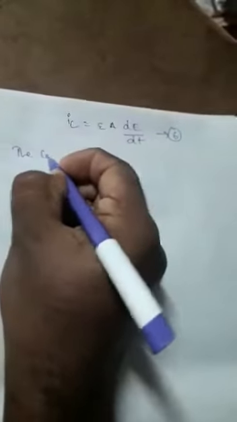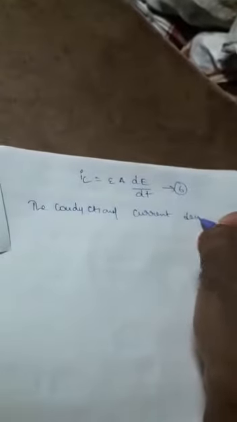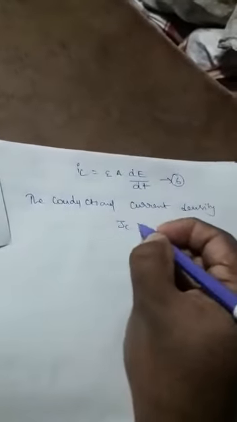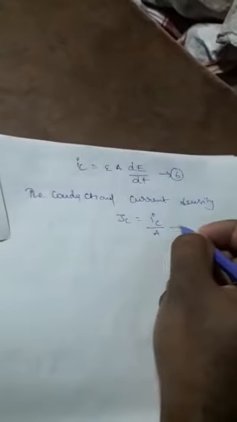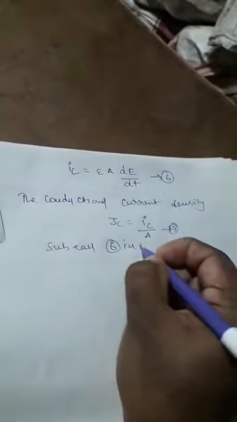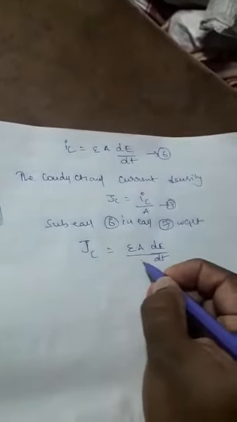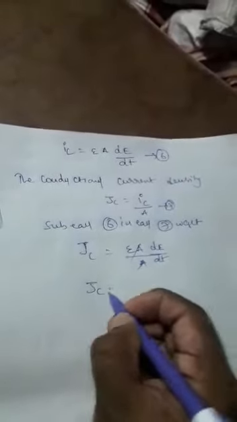But the conductional current density Jc is equal to conductional current by area. Substituting equation 6 in equation 7, we get Jc is equal to epsilon A dE by dt divided by A, both A's get cancelled out. Jc is equal to d by dt of epsilon E.